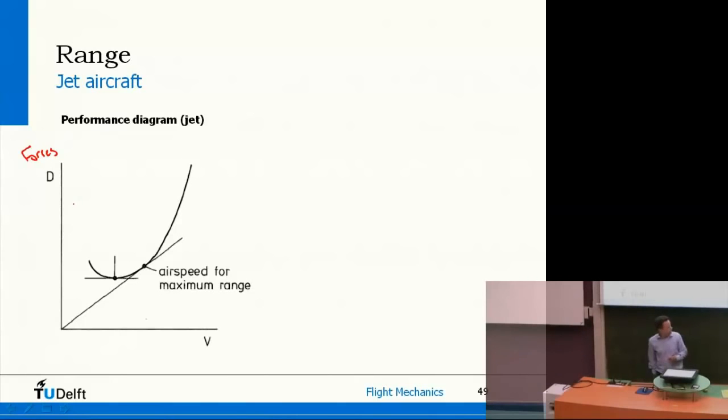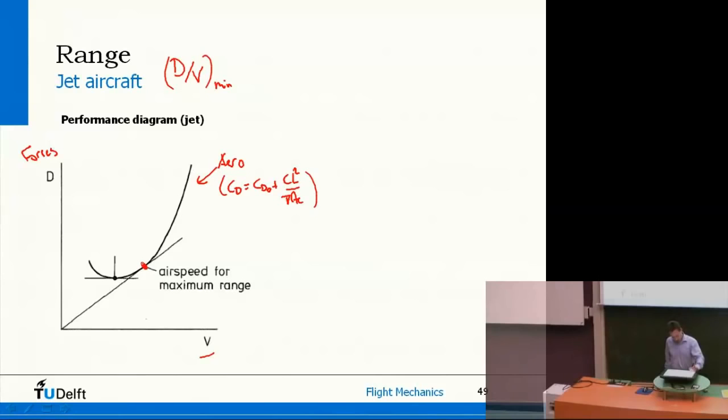Then maximum range, if I want to have D over V minimum, that's actually this point here. And why is that the case? If you look at this angle, then that depends on this vertical distance divided by the horizontal distance.